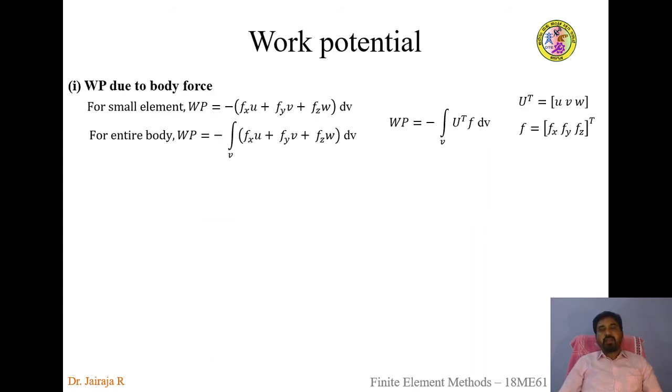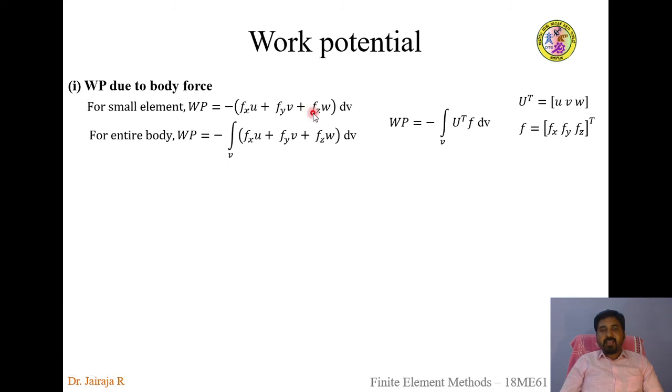Now, work potential due to externally applied force. There are in general 3 types of forces. First one is body force, second one is traction force, and third one is point force. Now we will calculate work potential due to body force. Say for a small element, work potential can be represented, it should always be negative, as minus Fx u plus Fy v plus Fz w into dV.